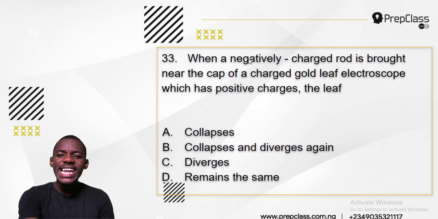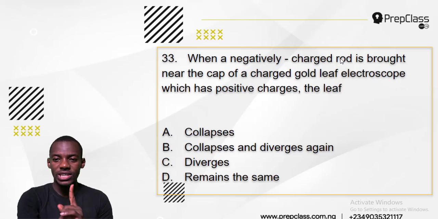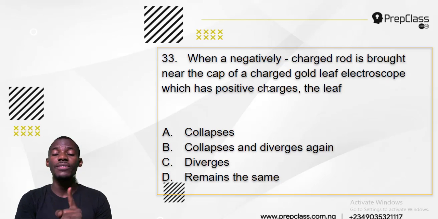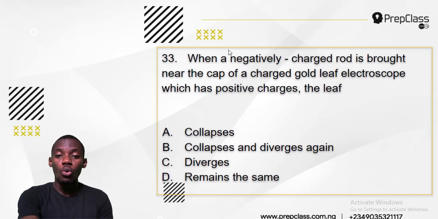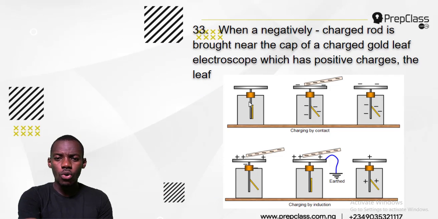Now, this is a negative charge rod coming near the cap of a charged gold leaf which has a positive charge. You are bringing a negative charge rod near a positive gold leaf. It will not open, it will collapse. That means it will close. What I mean by that, I think I have a picture here. Now, this is a gold leaf, right?